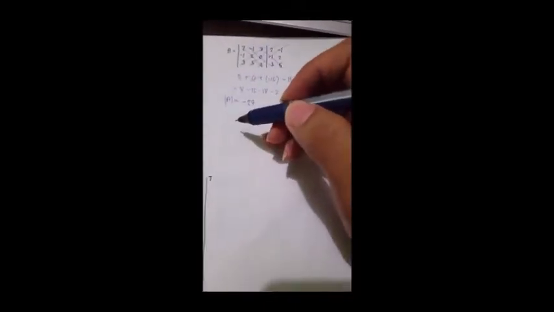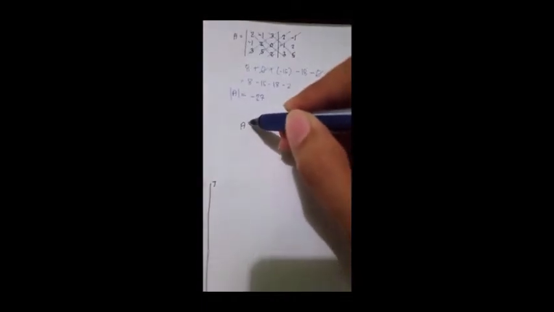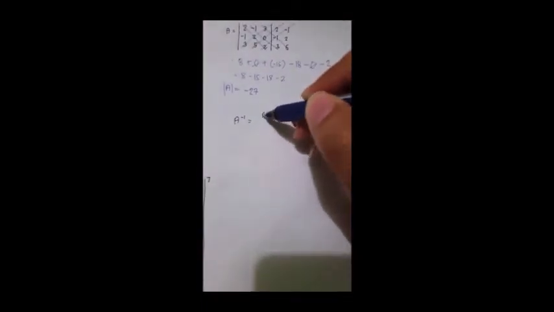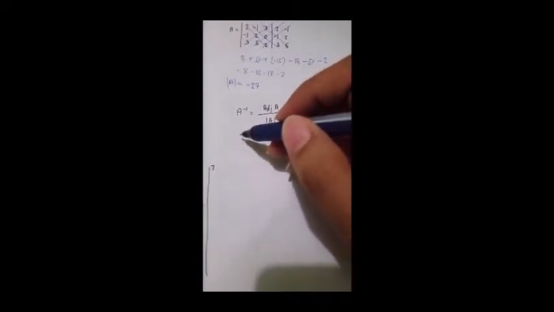So that is the determinant of our matrix. Okay, so after getting the determinant, which is negative 27, pwede na natin kunin yung inverse ng matrix. Remember that the inverse of our matrix is equal to the adjoint divided by the determinant. So, based from our solution kanina, ito yung ating adjoint.